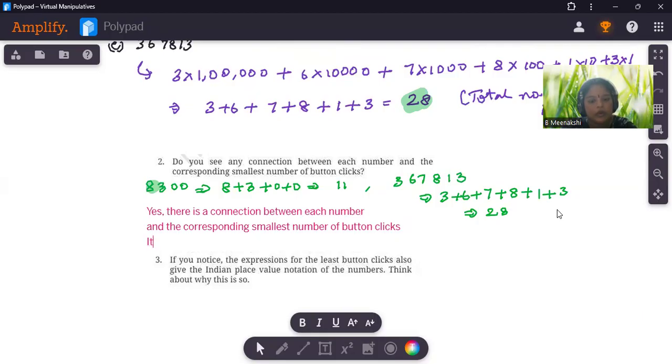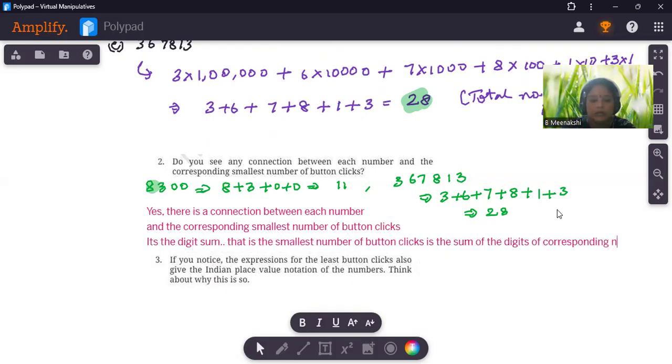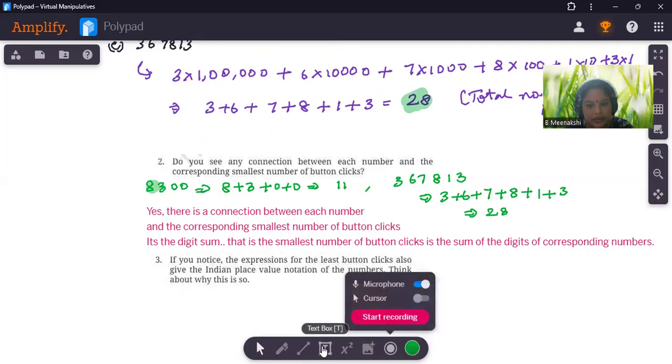How? It's the digit sum. That is, the smallest number of button clicks is the sum of the digits of the corresponding numbers. Okay. I hope it is clear till here.